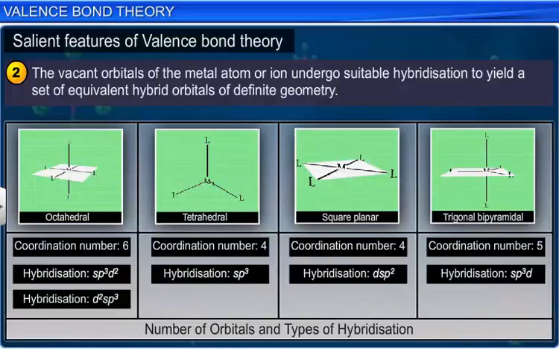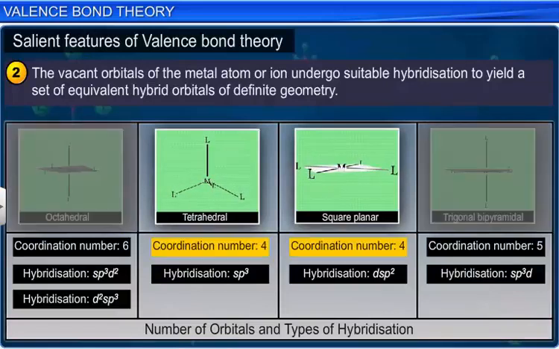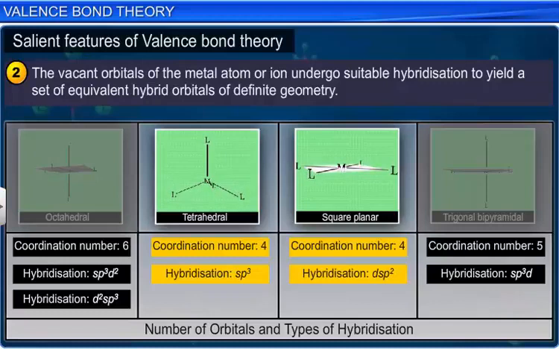As you can see from the table, when the coordination number is 4, the metal atom or ion may undergo either sp3 or dsp2 hybridization, and the complex may assume either tetrahedral or square planar geometry.